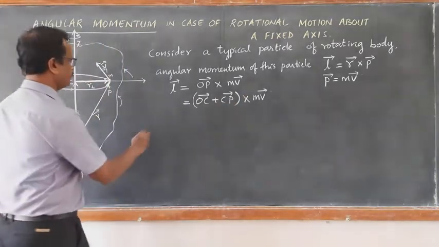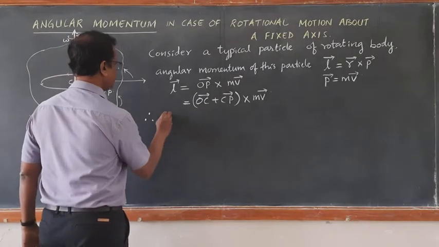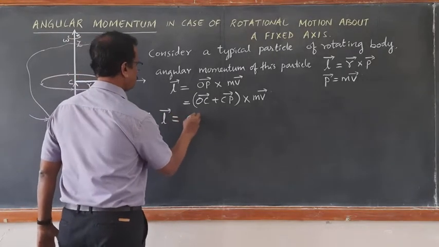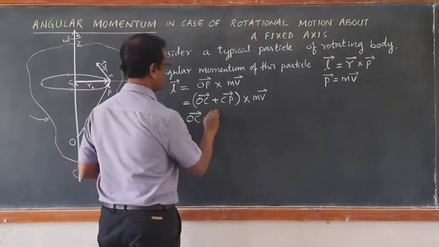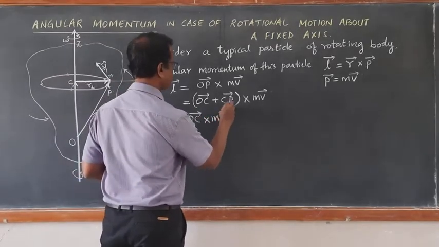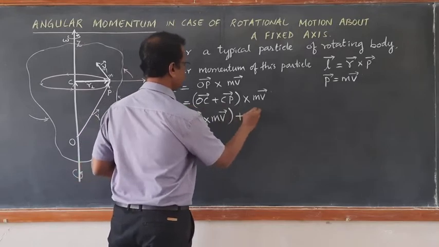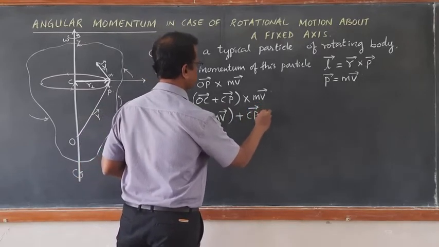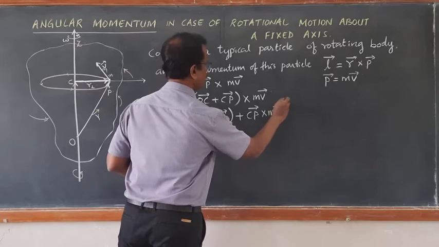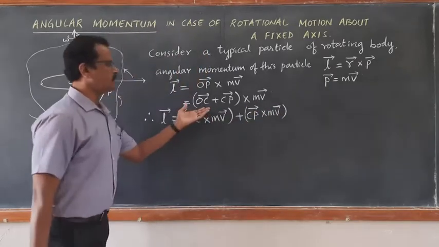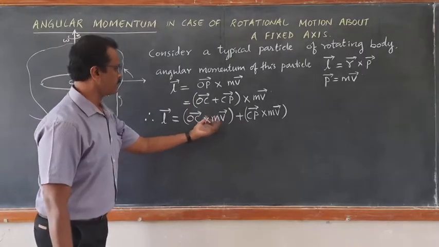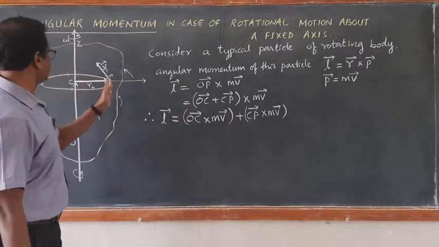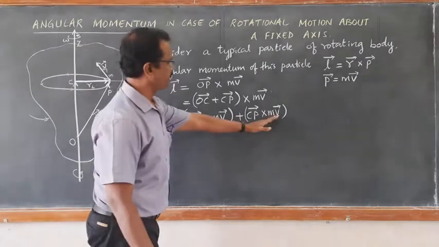Therefore L vector is equal to OC vector cross mv plus CP vector cross mv, using the distributive property. OC cross mv and CP cross mv.